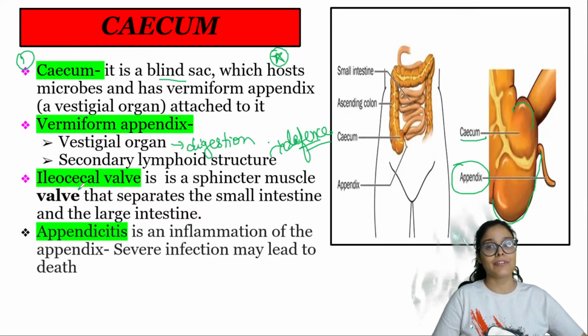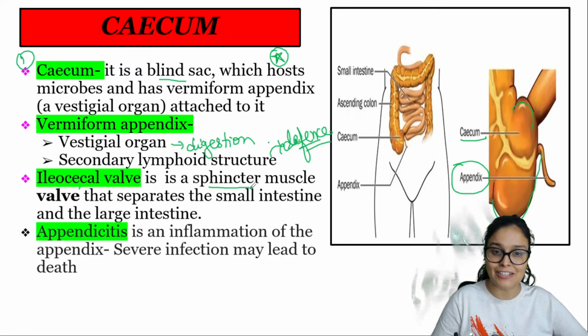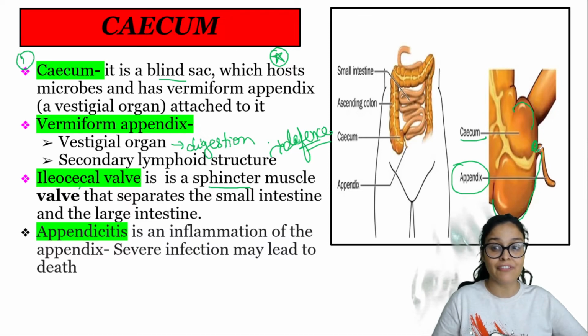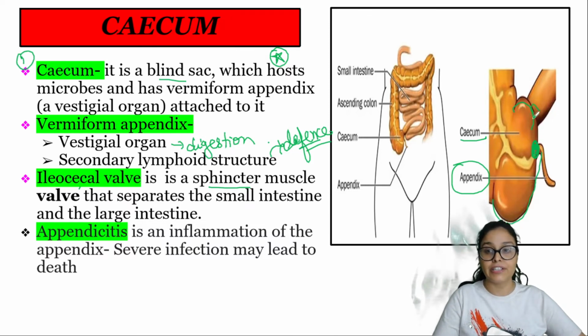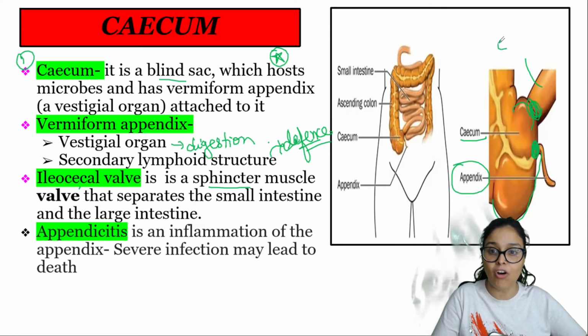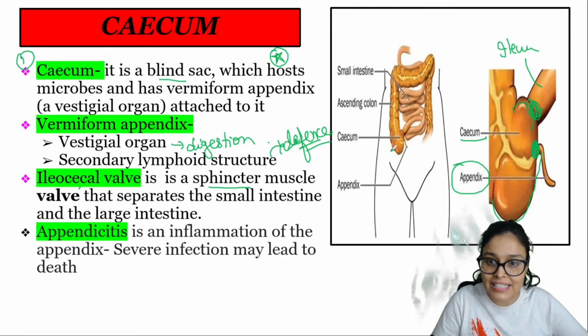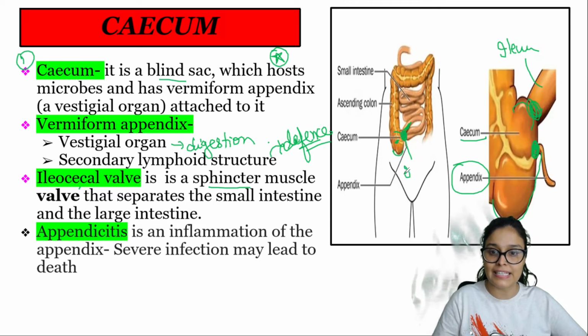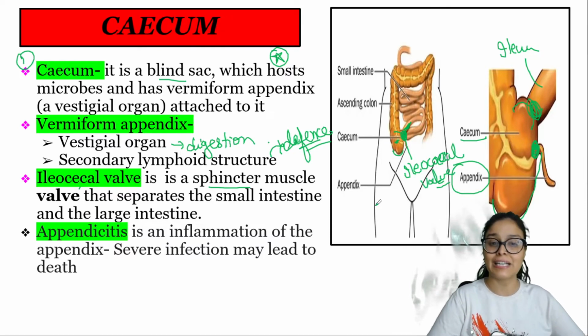The ileocecal valve is basically present. It's a sphincter, a valve, right? And what is the function of a valve? Here it is present. This is the ileum of the small intestine and this is the cecum of the large intestine. So it is present between the ileum and cecum region, at the junction of the ileum and cecum, and is known as the ileocecal valve.